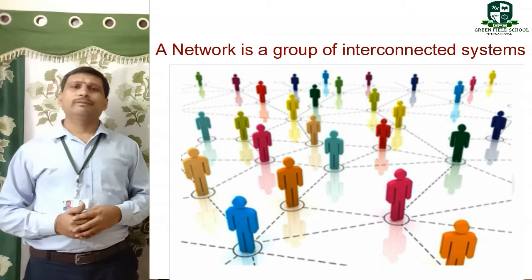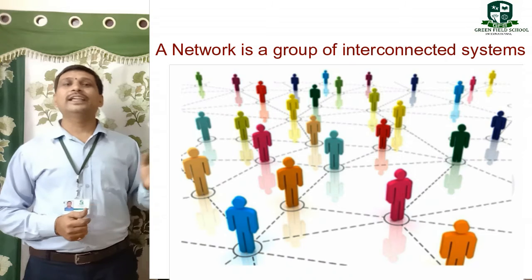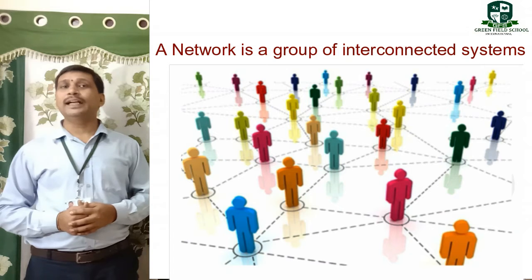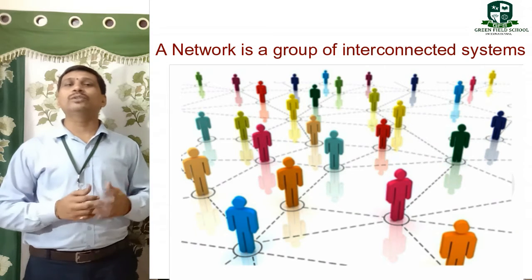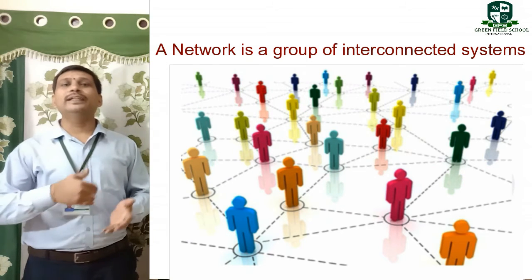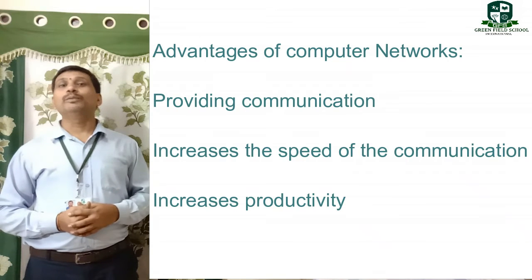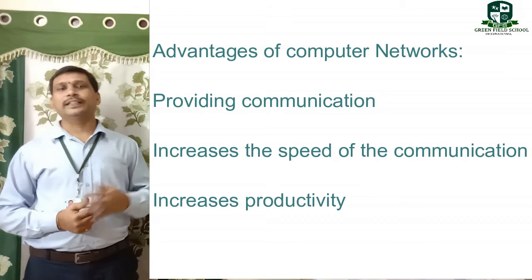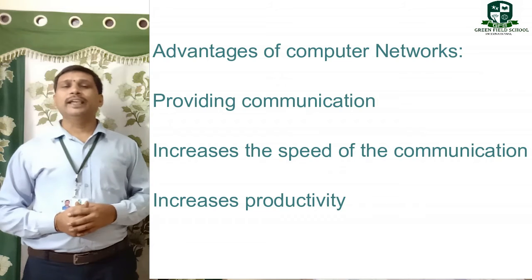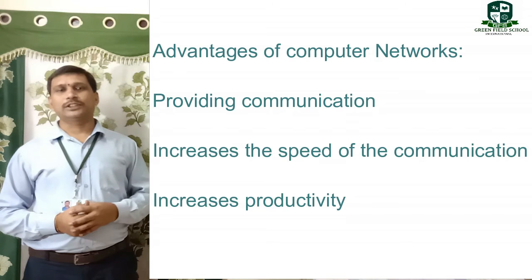First, they share information or data, because all these computers are connected to each other. One computer shares some information, and the remaining get that data. So it increases the speed of communication. The main aim of networking is providing communication among the systems.